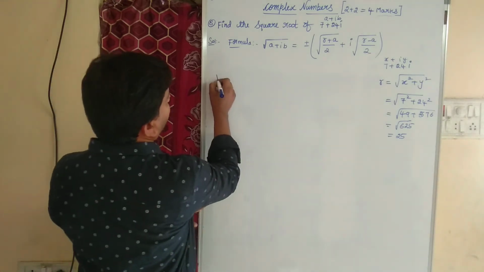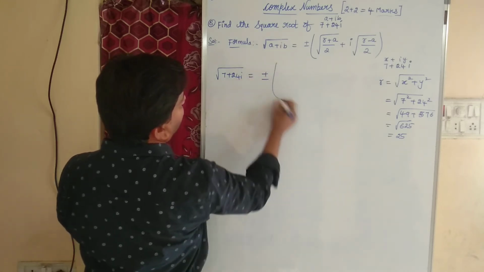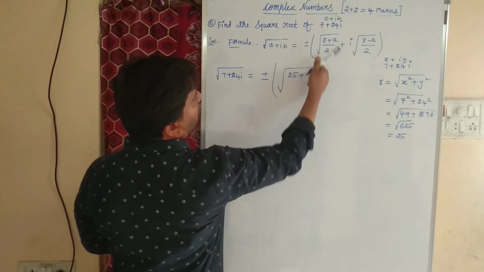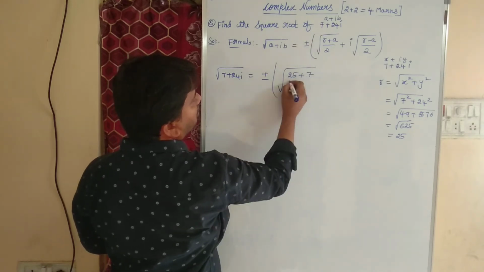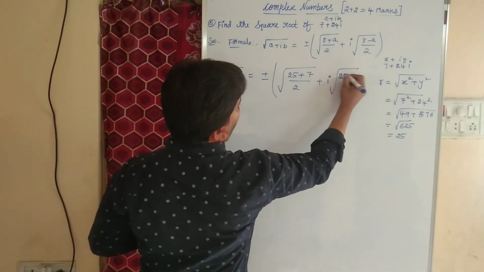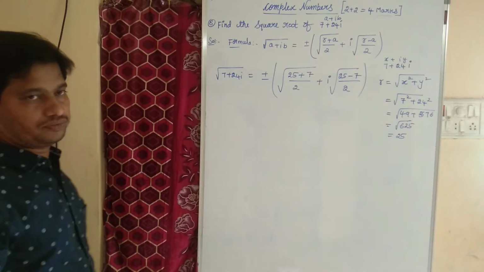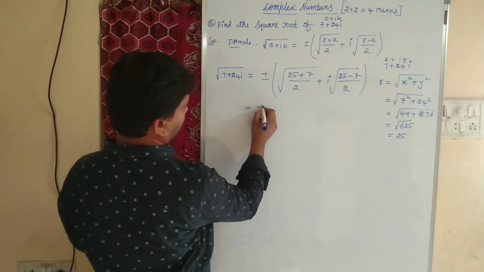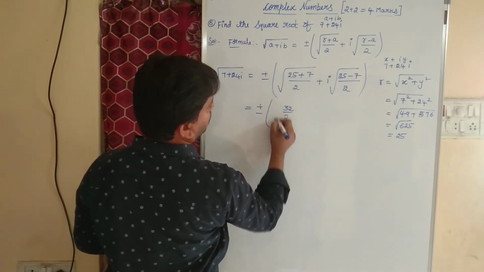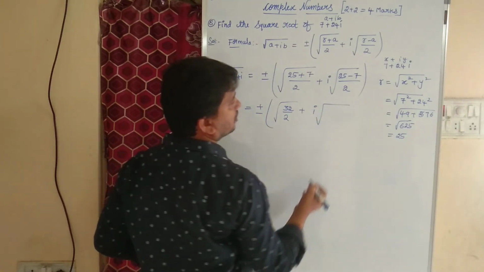So therefore the square root of 7 plus 24i is equal to plus or minus root over r value we got 25 plus a value, how much children? a equal to 7, by 2, plus i into root over r value 25 minus a value 7, by 2. So plus or minus root over 25 plus 7, 32, by 2, plus i into root over 25 minus 7, which is equal to 18, by 2.